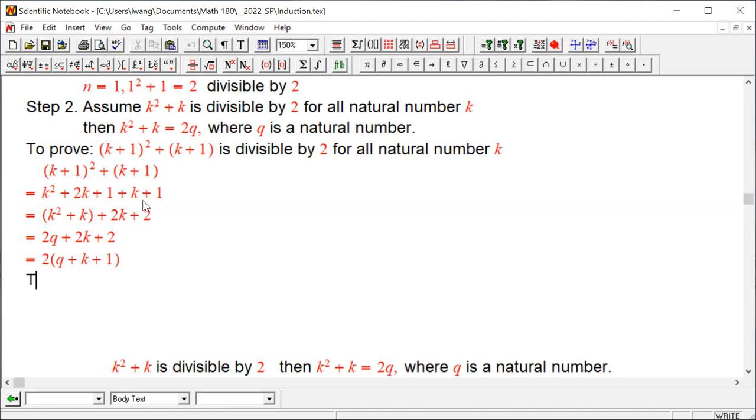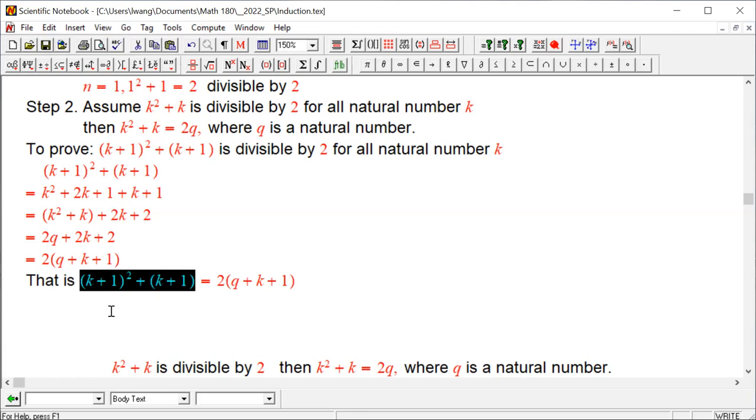That is, this piece equals 2 times a natural number. q is a natural number, k is a natural number, and 1 is a natural number. And this only tells us that this quantity is divisible by 2.